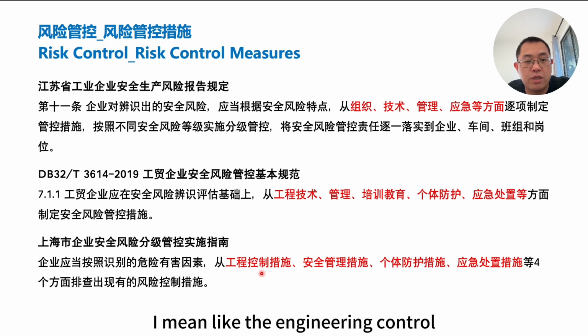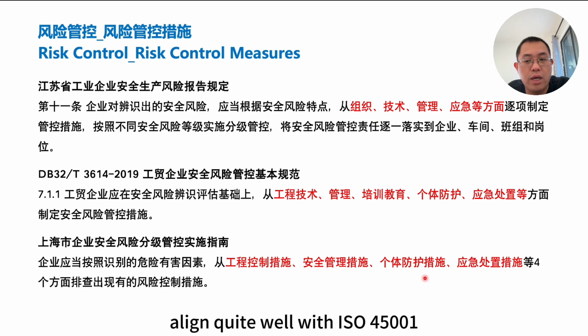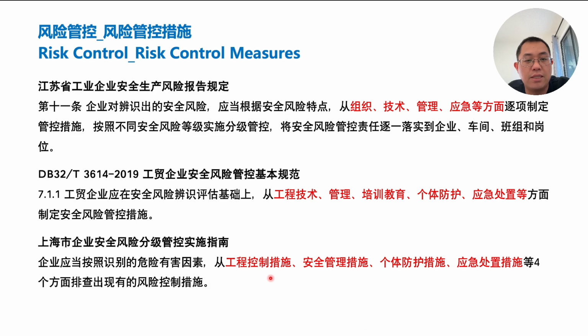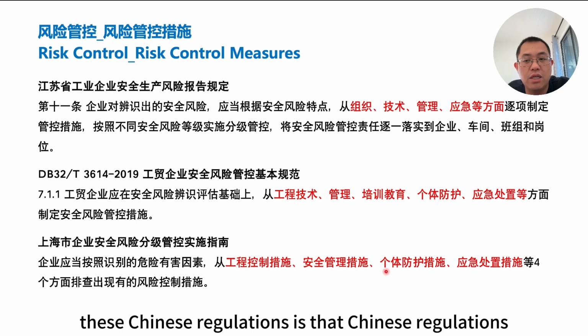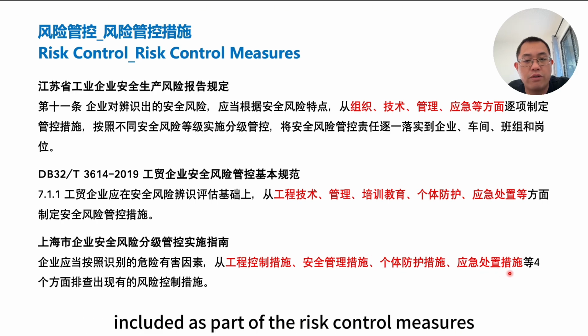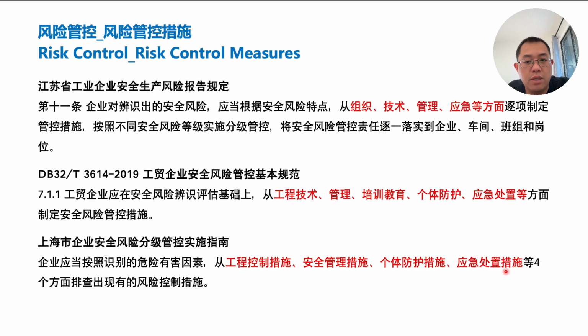Engineering control, safety management, and personal protective equipment align quite well with ISO 45001. And one noticeable difference between ISO 45001 and these Chinese regulations is that Chinese regulations typically require emergency response measures to be included as part of the risk control measures.